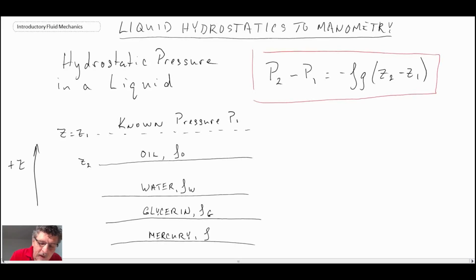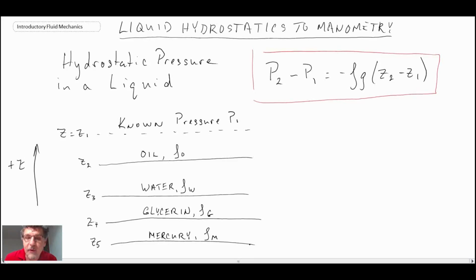This is just some hypothetical situation where you might have a bunch of different liquids on top of one another, and then Z3 for the water interface, the glycerin we'll say is Z4, and finally Z5 for the mercury at the bottom.